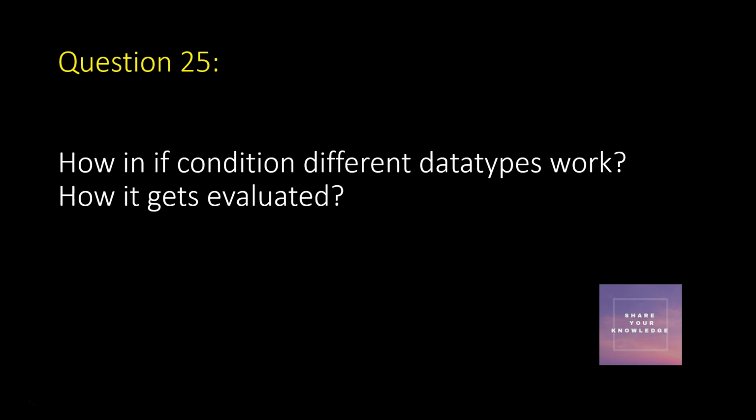We already saw in one of the interview questions that one means truthy value, zero means falsy value, and all those. How does JavaScript interpret one as true and zero as false? Because inside the if condition you can put any data type.